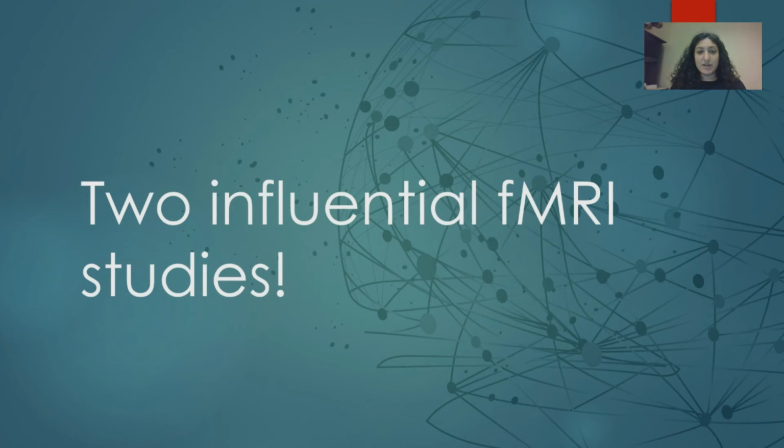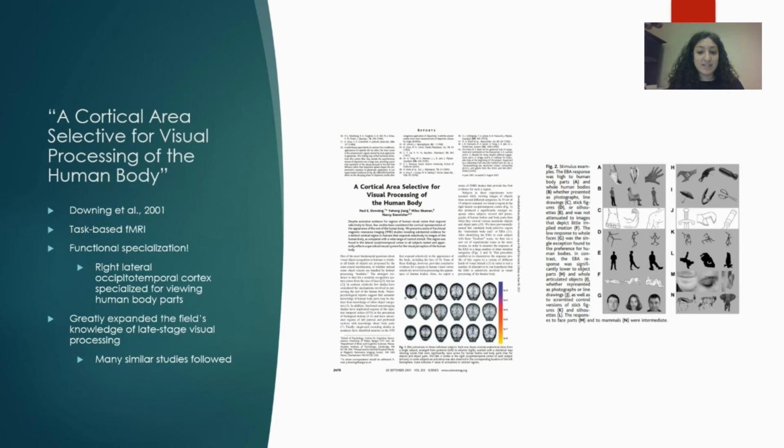To end this lesson on fMRI, I'm going to briefly present two influential studies that showcase the value of this tool. The first study is a task-based study where participants were shown images of body parts or inanimate objects.